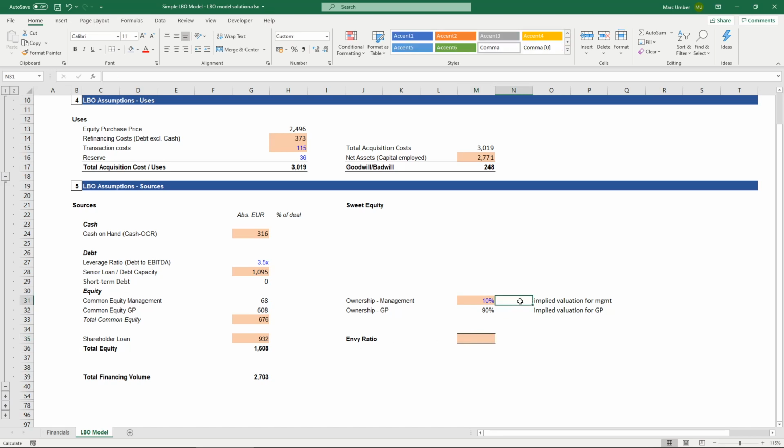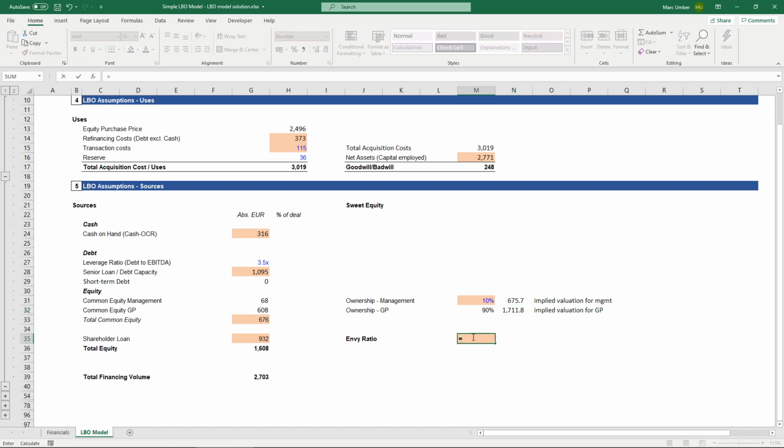Since the general partner pays the regular market price and the management gets a discount on their share price, the management pays 68 for 10%, which gives us an implied valuation of 765, while the general partners have to put 608 plus a shareholder loan of 932 into this company to hold 90%, paying an implied valuation of 1.7 billion.